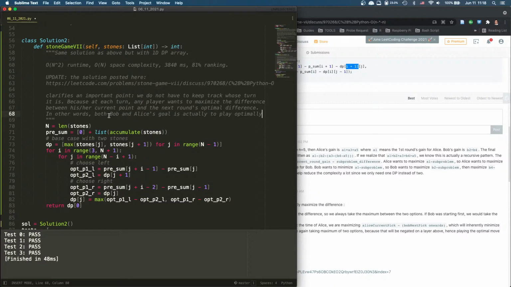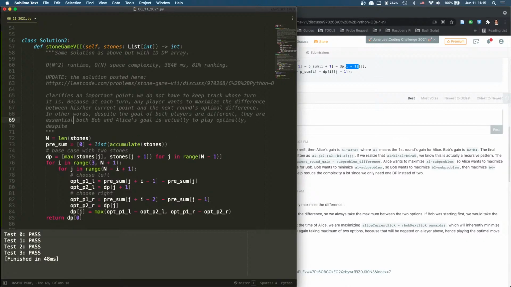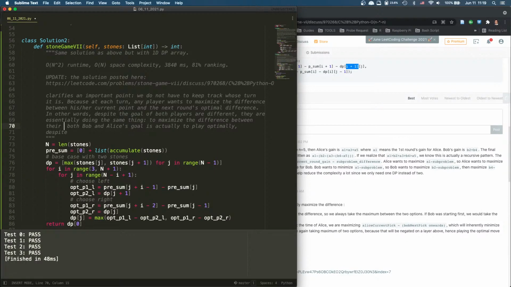Despite the goals of both players being different, they are essentially doing the same thing: to maximize the difference between their current point and the optimal difference in the next round.